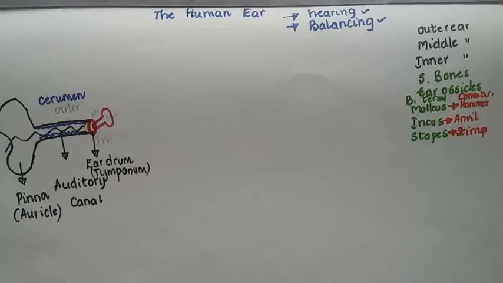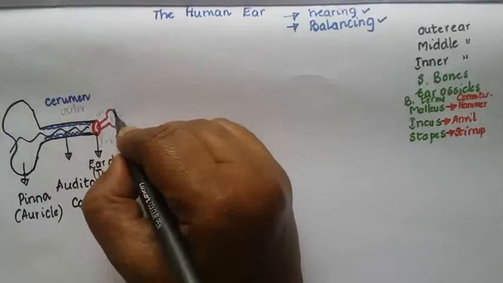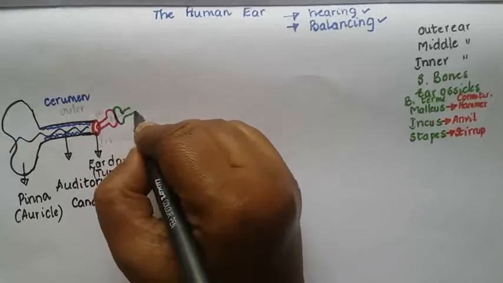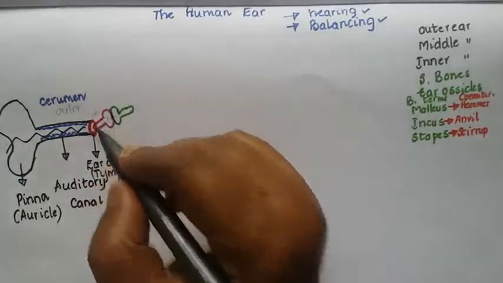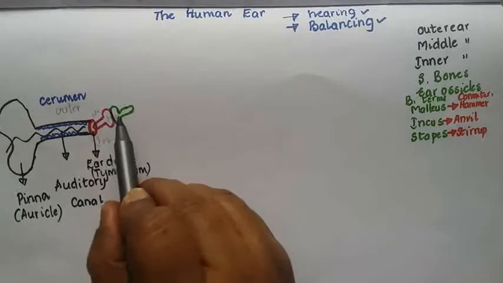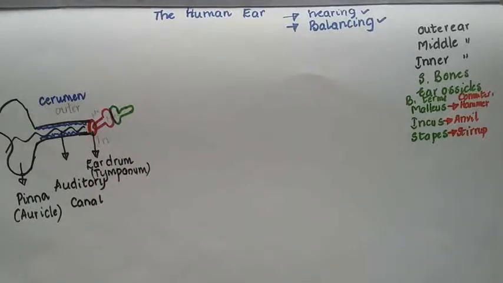Then we find the second ear ossicle, that is the incus. The head of the Malleus is attached to the incus.